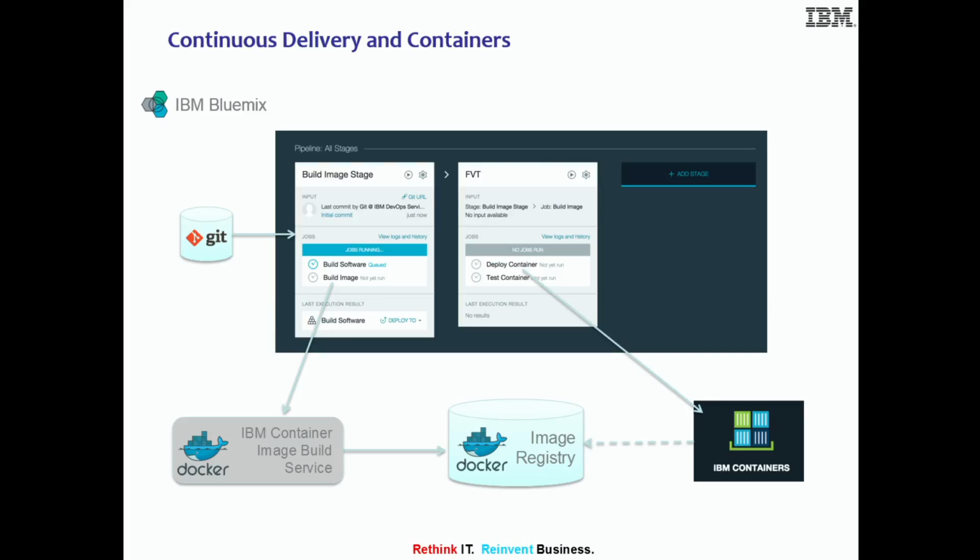Oh, it's here, registry. So it starts the image build service, and the image build service builds a new image and stores it in the image registry, then it goes to the next stage, and the next stage calls IBM Container Service, gets the image from the registry and starts a new container.